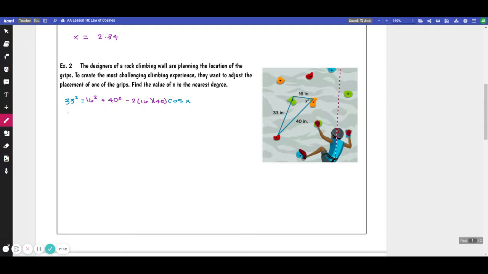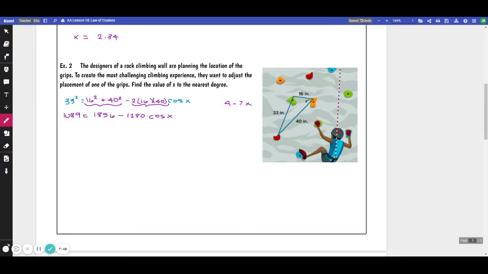So 33 squared equals, I am going to do this, and I am going to do this, and then you have to be super careful. You cannot subtract these. That does not work because 1280 is being multiplied by cosine. It's like 4 minus 2x.